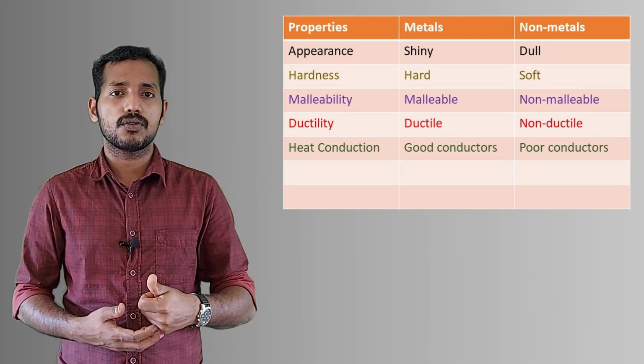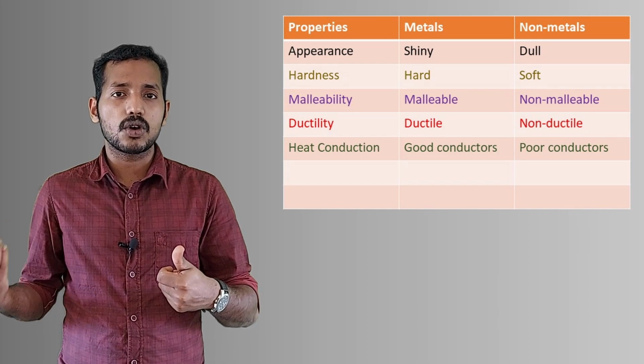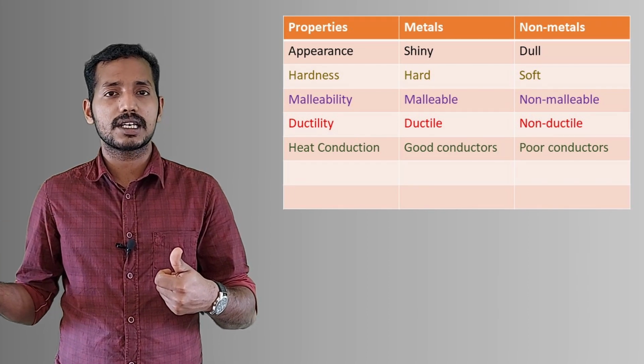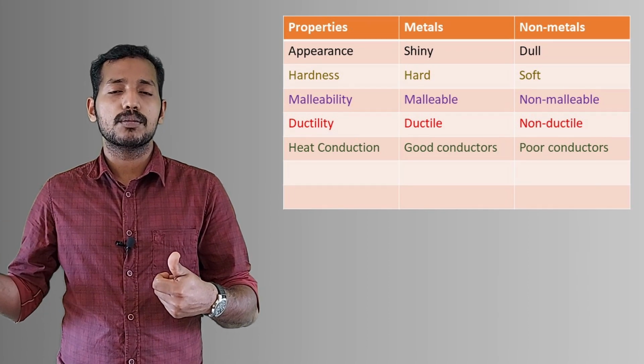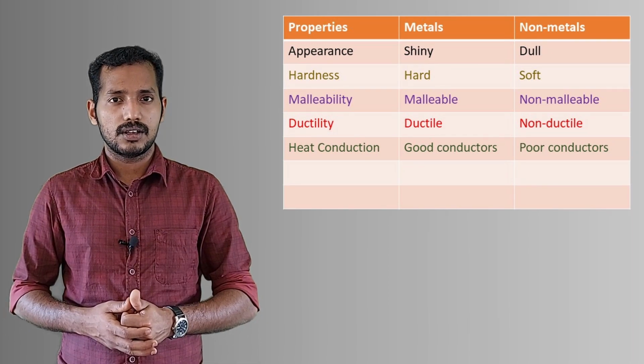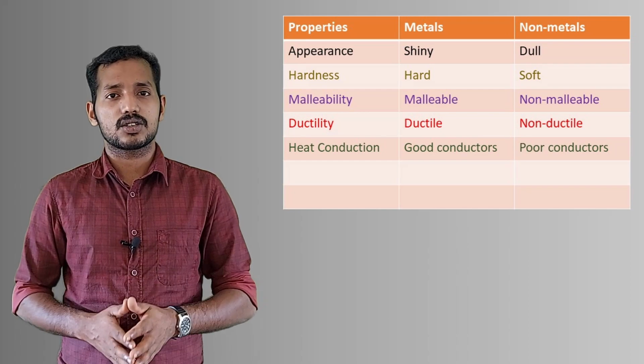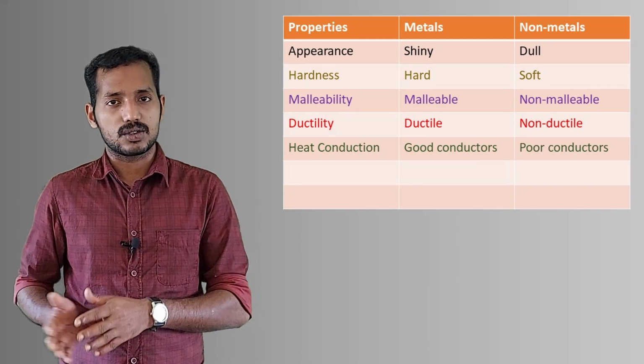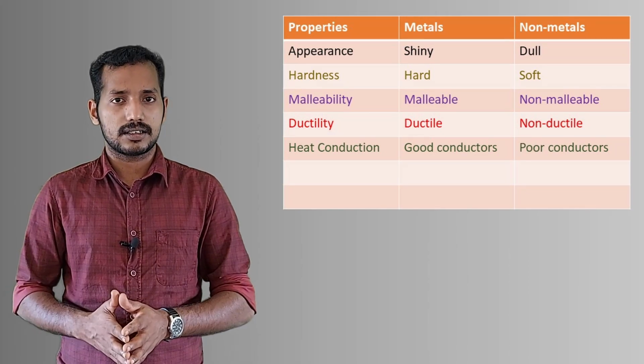It is because the heat energy absorbed by the metallic scale from one end is conducted to the other end. That means metals are good conductors of heat, while non-metals are poor conductors.